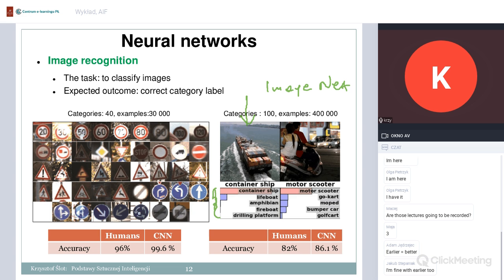As you can see, the winning hypothesis out of 5, the most likely, was that this is a container ship. Here on the right, again, the network was right and was pointing to a motor scooter. And again, on this task, it appeared that networks are better than us.